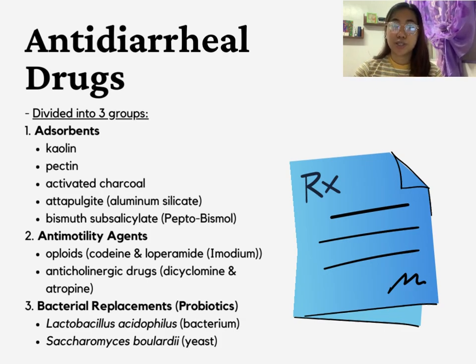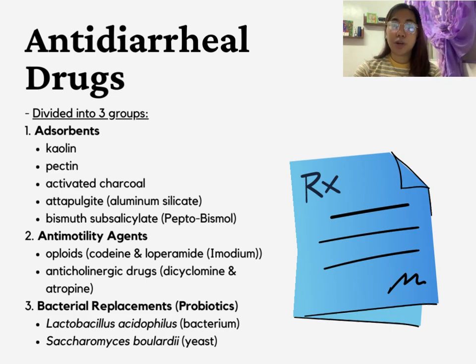So first, adsorbents. These agents are thought to work by binding to and thereby neutralizing the actions of diarrhea-causing toxins that are produced by infectious agents, or by preventing the adherence of infectious agents to the walls of the gastrointestinal tract.